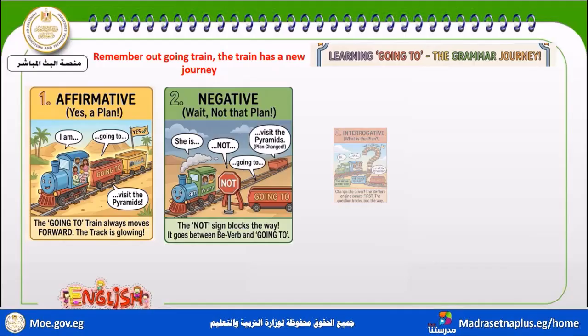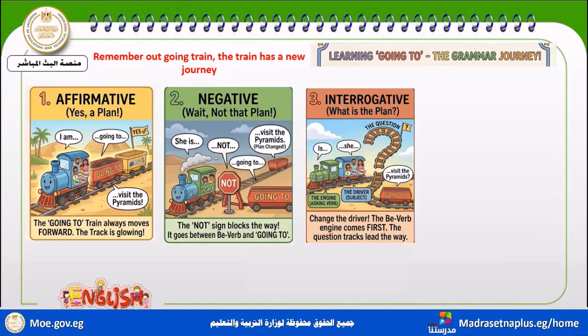And the third form is the interrogative, when we ask a question. Look at this big question mark. So when we use a question, we start with what? Yes, great, with the verb. Is she going to visit the pyramids?